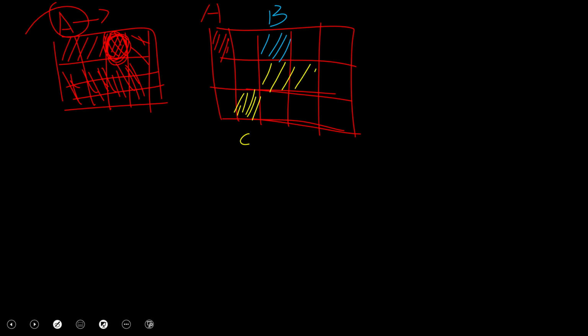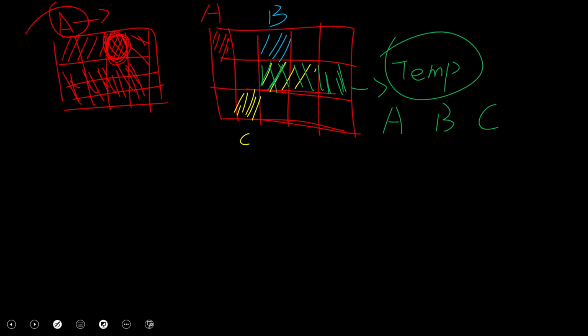Let's change to another color. For example, these three spaces for the temp one, then you need to copy A, B and C into this temp one, right?